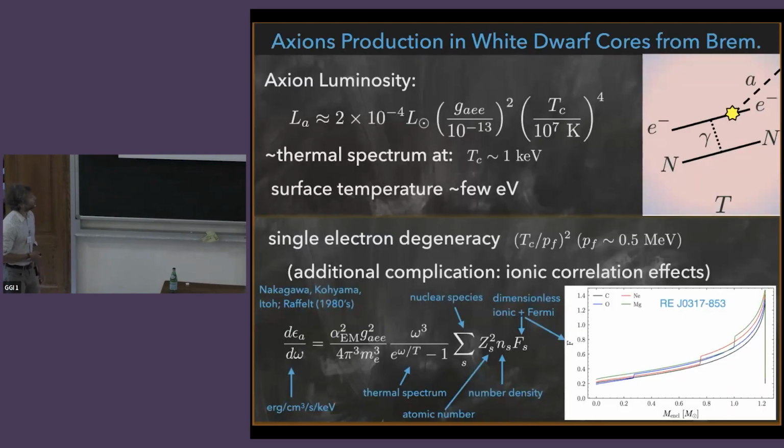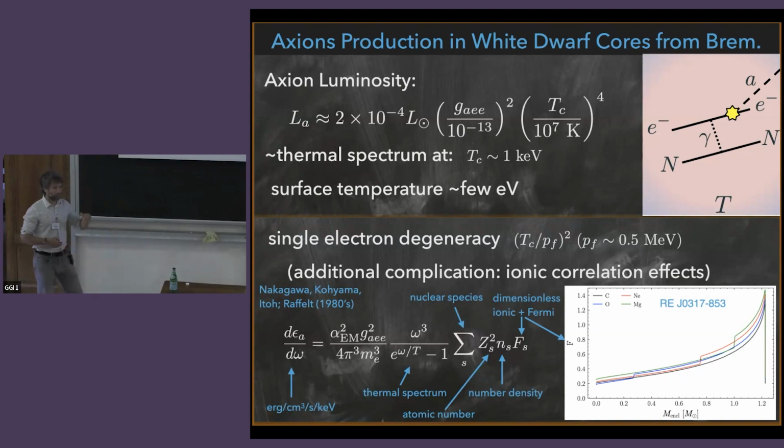So first, we need to calculate the signal. The axion luminosity, which we produce in the core of this magnetic white dwarf, is about 10^-4 solar luminosities for g_aee of about 10^-13. Remember, g_aee is dimensionless because it has the electron mass in the numerator. And you can understand this T_c to the fourth in the following way. Let's count. One factor of T_c is because we're calculating a luminosity, so we need to multiply by the energy of the outgoing axions. Okay, so we have one factor of T_c.